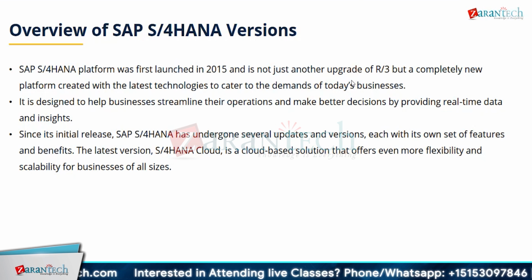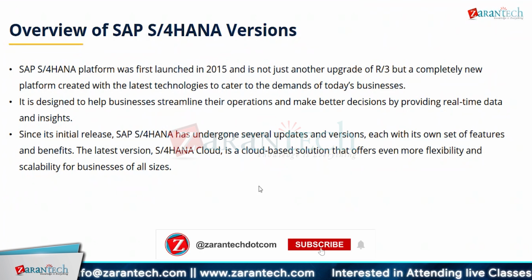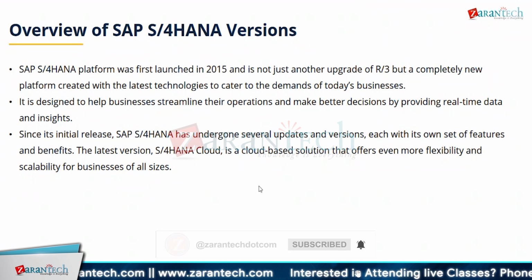From 2015 to 2022, there have been regular quarterly, annual, or biannual updates, which SAP is doing very actively. The main purpose of all these upgrades is to reduce customizations and introduce more and more standard apps, so that whenever a client has a requirement to create anything custom, it can be achieved with a standard app itself.